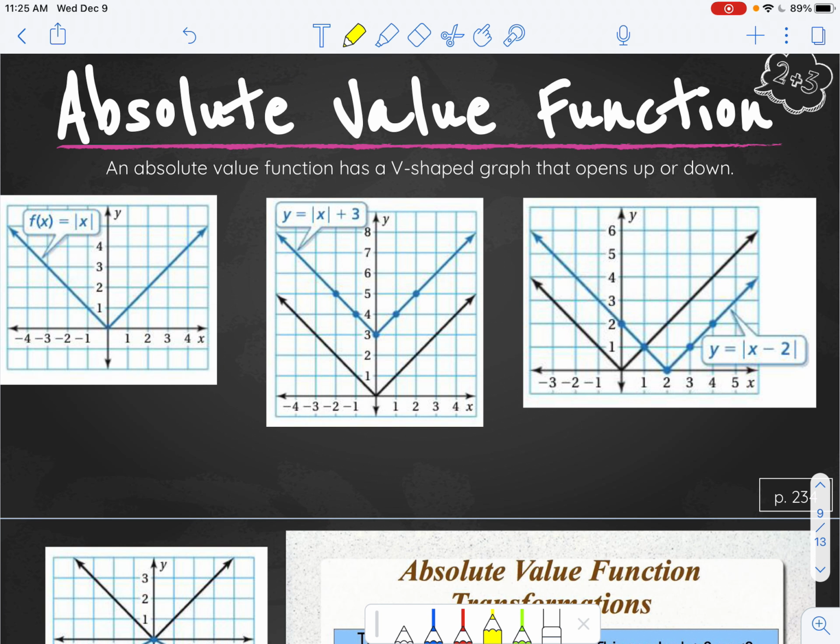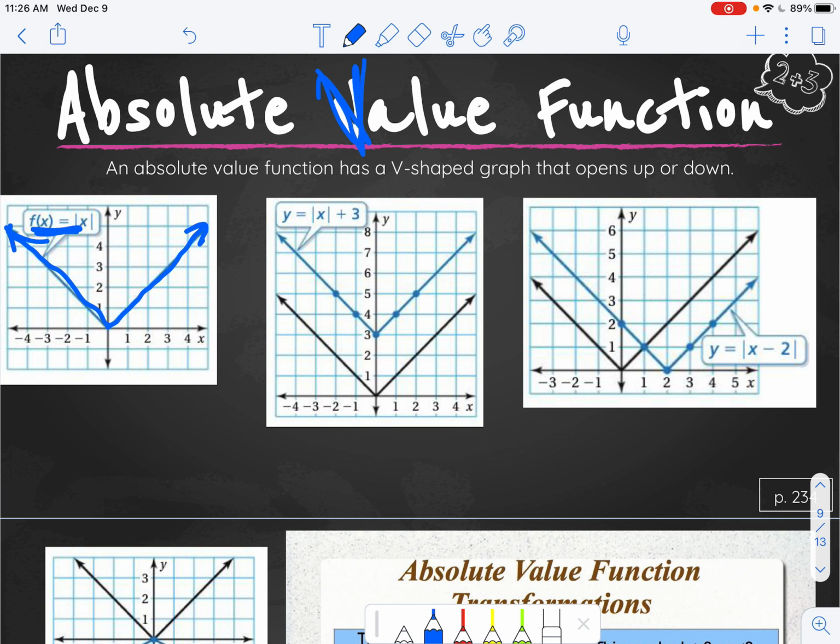So an absolute value function. An absolute value function has a V-shaped graph that opens up or down. So right here, remember I mentioned that parent function earlier, which is like a function at its finest and the most refined form or basic form. Here's the parent function for an absolute value. Right here, right at 0, 0.